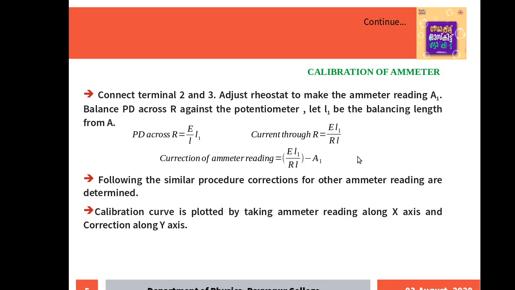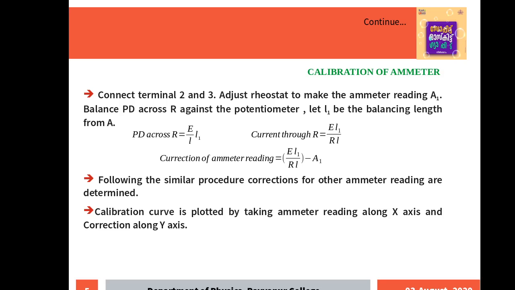But when we go to 1.1 or 1.2 ampere, the ammeter will read 1 but the actual reading will be 1.1, so we may get 0.1 as positive. So the correction may be positive or negative, and it sometimes depends on the low range values. We can get the actual value by taking the difference.